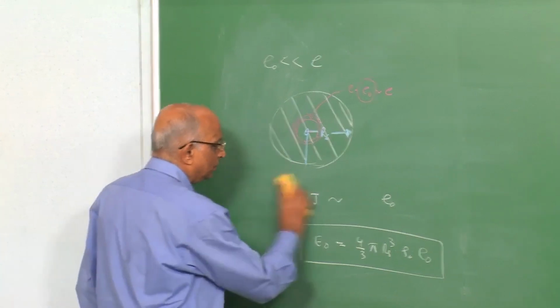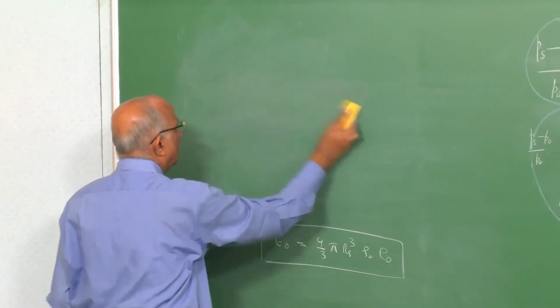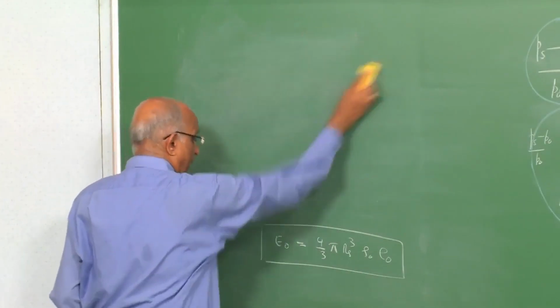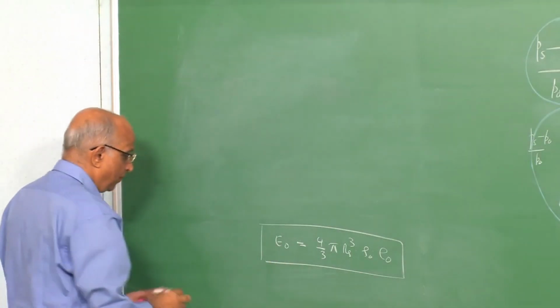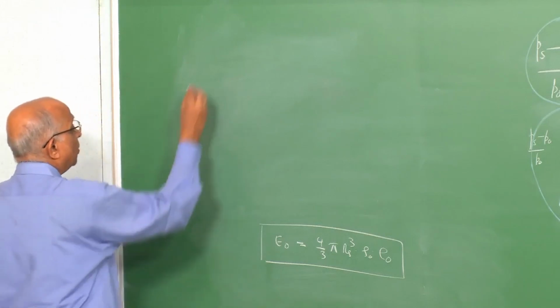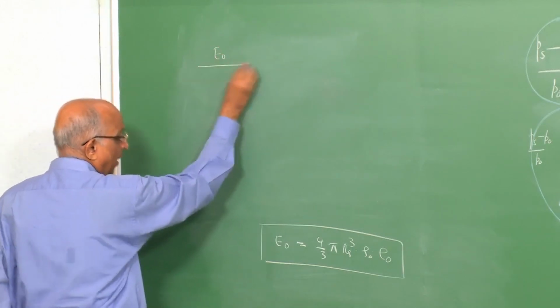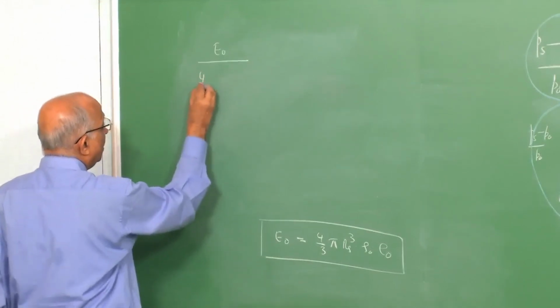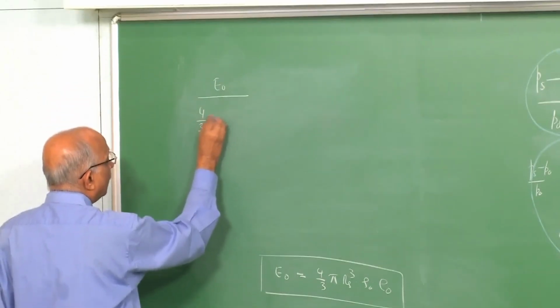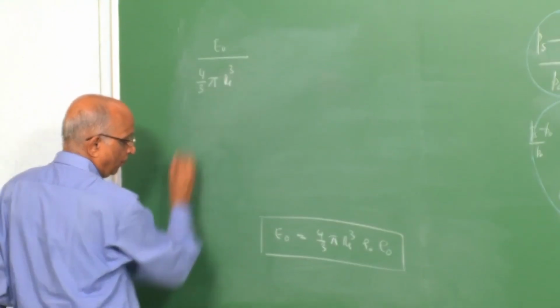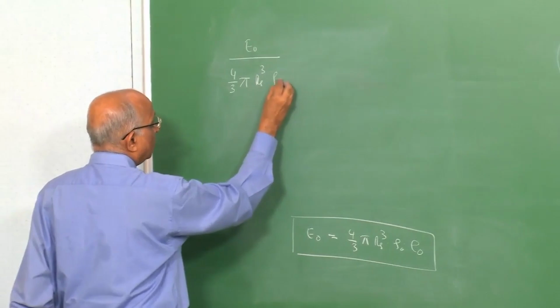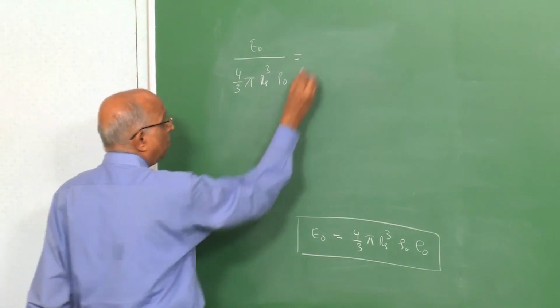Let us do this. To be able to do this, I just simplify this expression. I get the value of E 0 divided by 4 upon 3 pi into Rs cube divided by rho 0 is equal to E 0.